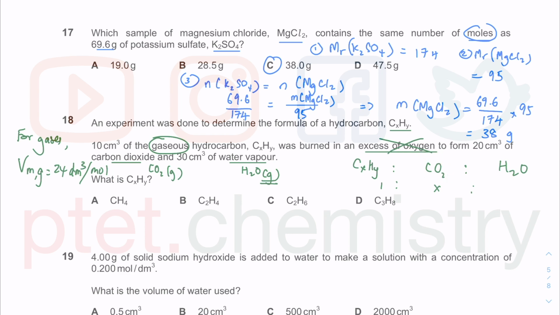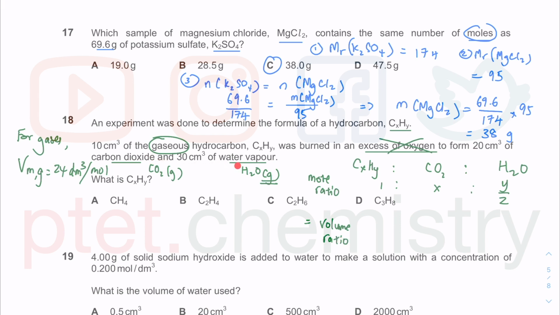There's no hydrogen in here, so all your hydrogen, which is y hydrogen atoms from one of these, will give you y over 2 of H2O. So this is your mole ratio. But remember that mole of gas equals volume of gas divided by 24 dm³ per mole, and all of these are gases, so mole ratio is equal to volume ratio. Mole is not equal to volume, but mole ratio equals volume ratio for gases.